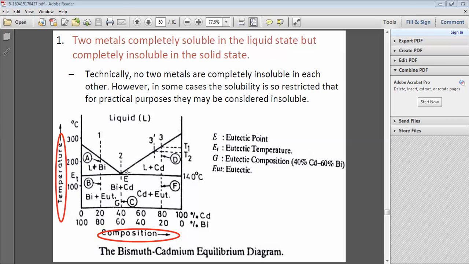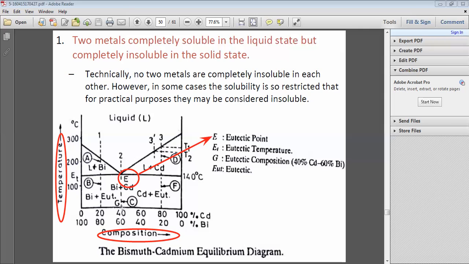So if we see in this case, E is the eutectic point. So this point E is a eutectic point, where E1 is the eutectic temperature, and G is the eutectic composition, that is 40.